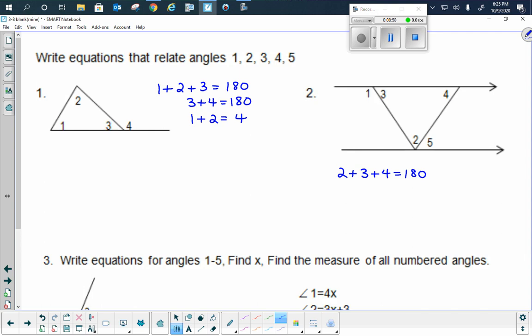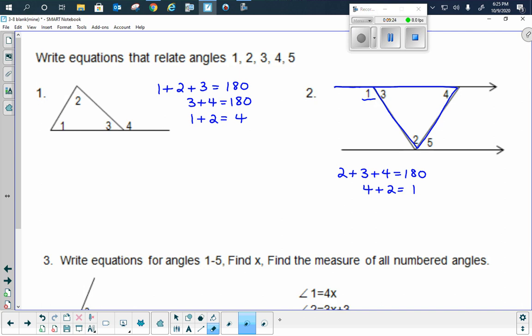I hope you notice that 1 is an exterior angle, and we're talking based on just looking at this part of the triangle. If you're just looking at that, 1 is an exterior angle. So I hope you're seeing that angle 4 plus 2 equals angle 1. Could you write 2 plus 4 equals 1? Yes, that order doesn't matter.